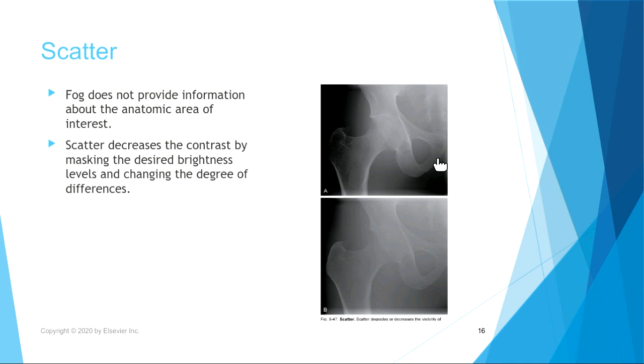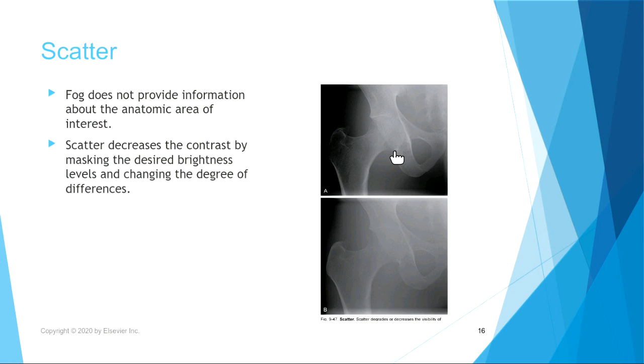This picture B has more Compton scatter compared to A. So what did it do? It grays out the anatomy. It kind of washes everything out, and it does not make the image diagnostic. You're not able to visualize the anatomy appropriately. When you have less Compton reaching your image receptor, you get improved contrast.